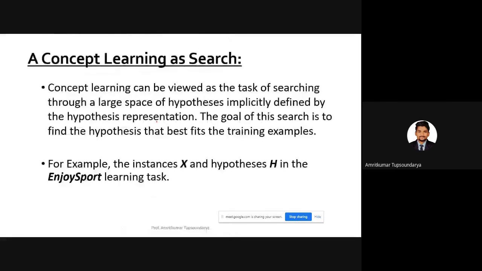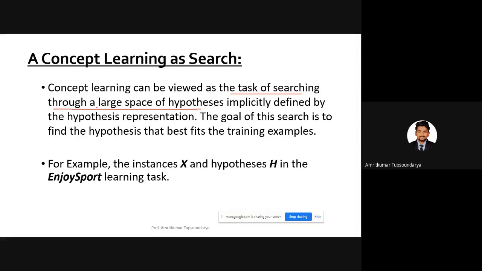Now, getting more into depth, what is concept learning as a search? Concept learning can be viewed as a task of searching through a large space, and this space is of hypotheses.